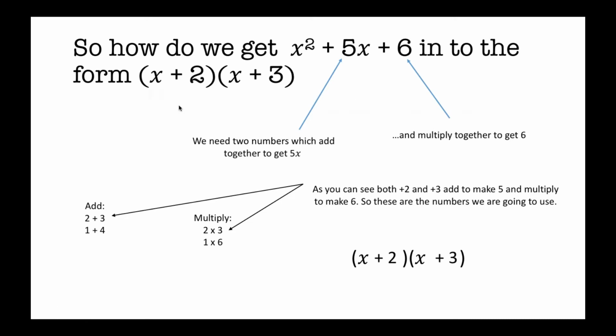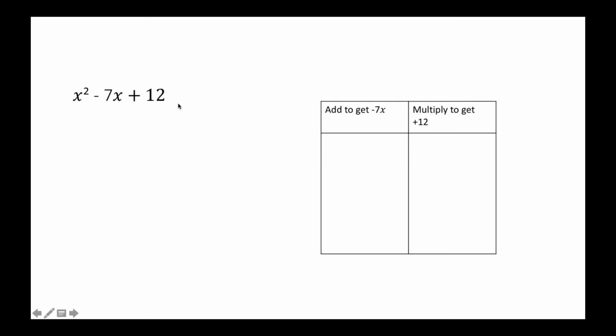Let's go through another example. Here we have x squared minus 7x plus 12. We have our two brackets with our x's in already because we know we need to make x squared. Now we need to think of two numbers which add together to give us minus 7 and which multiply together to give us 12. I always write down the multiplying first.